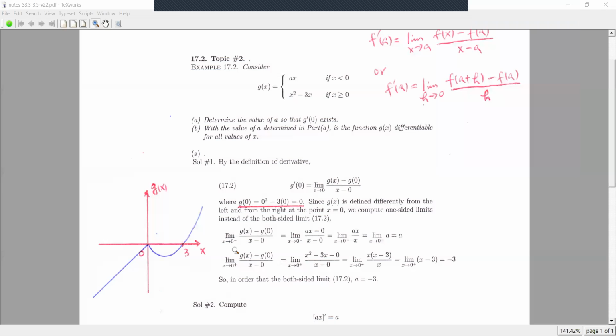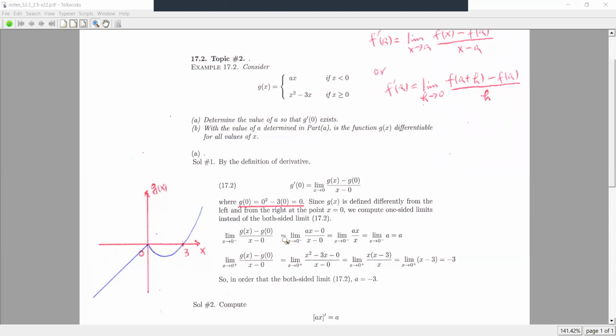This is the left-hand side limit at the point 0. In this limit, x approaches 0 from the left side. In this approaching process, x is less than 0. When x is less than 0, the function is a times x.